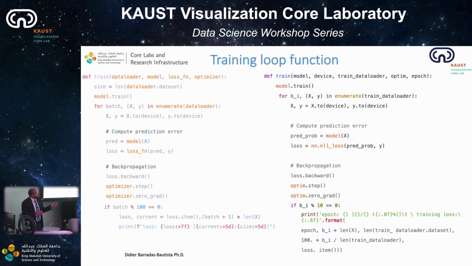You're going to use a model, your data loaders, your optimizer and your loss function. In the left one, we are defining the size of a len because this variable is going to be used all the way down here just to let you know how much it has progressed. It's not consequential to the actual training, but it's for you to know where you're standing.